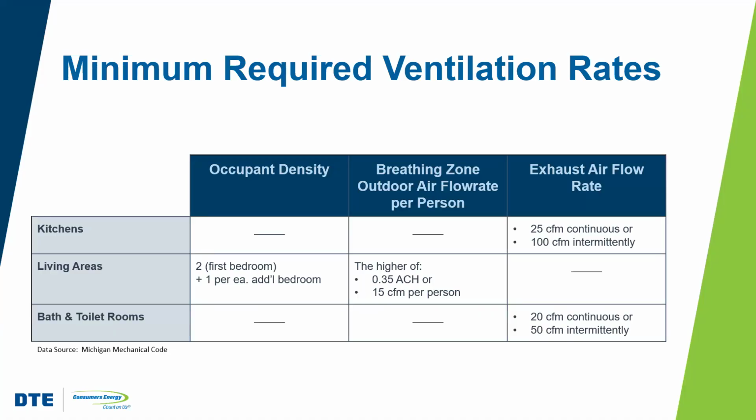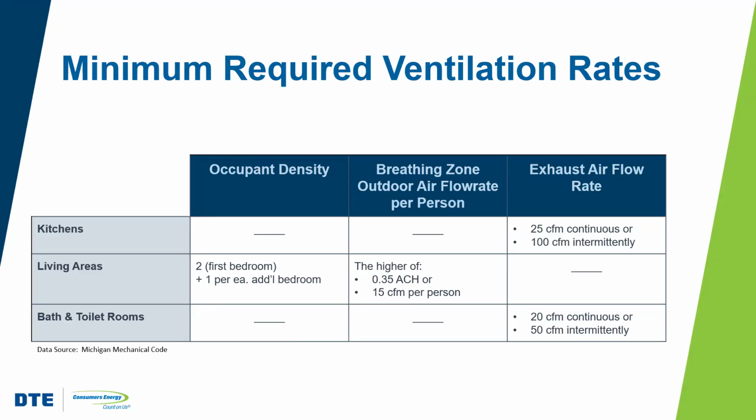Required ventilation rates are based on the number of occupants in the home and the various room functions in the home. So we kind of divided it up into just three broad categories: the kitchen, the bathroom and toilet rooms, and then the other general living areas. The ventilation rate is defined either in terms of volume flow rate, so CFM, cubic feet per minute, or in terms of air changes per hour.